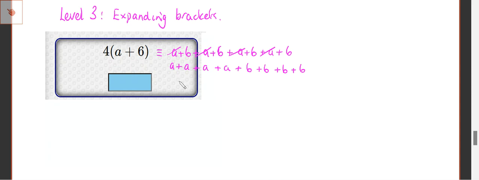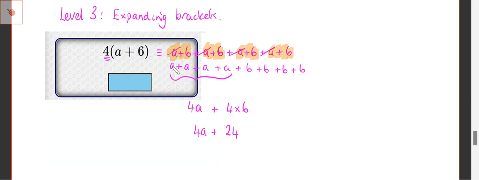Which if we then simplify, we get 4a's plus 4 times 6, or 4a plus 24. Why did you get all those a's? Because I've got 4 lots of a plus 6. So, one of them, 2 of them, 3 of them, 4 of them.